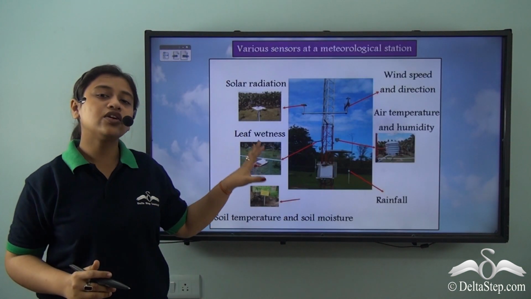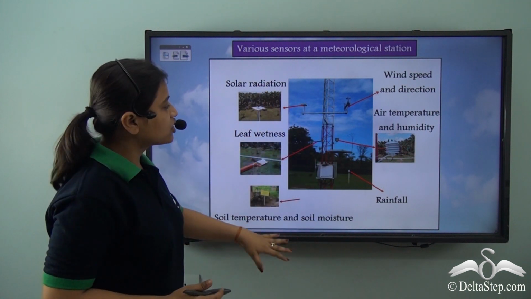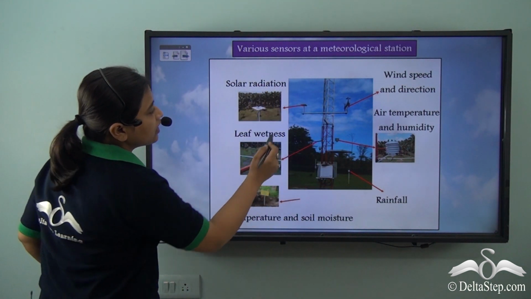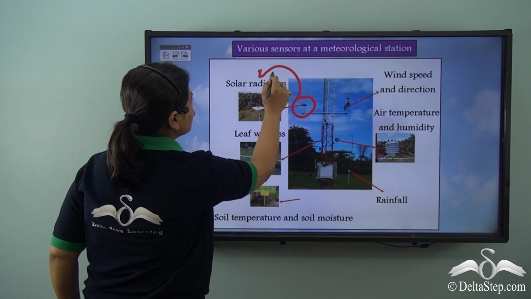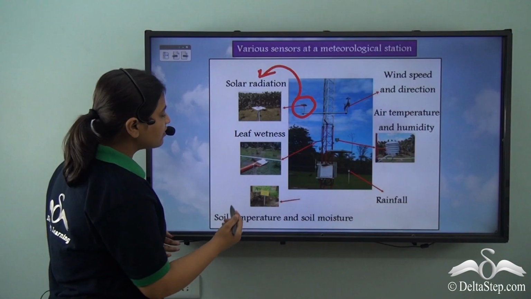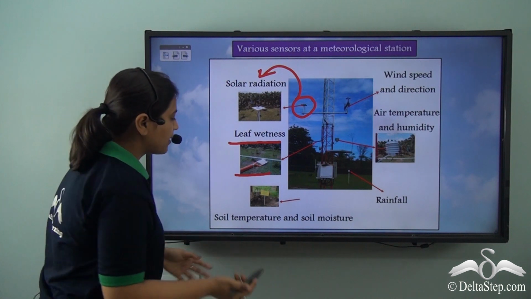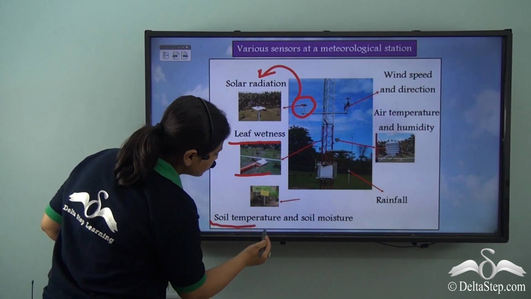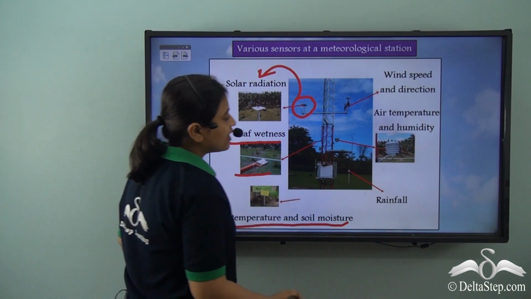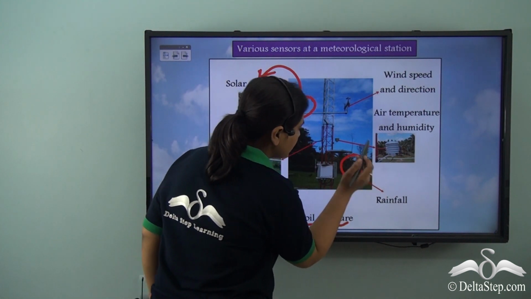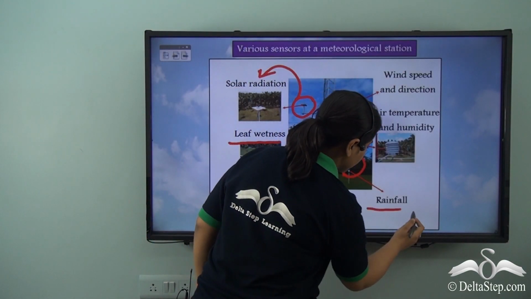If you have a good look at the meteorological station, these are the different sensors. In this image, this pan-like structure reads and records the solar radiation. Then we have an instrument here that tells us about the leaf wetness. Then we also have an instrument to measure the soil temperature and the soil moisture. Then we have a special instrument here, which we'll be learning about later, that reads and records rainfall.